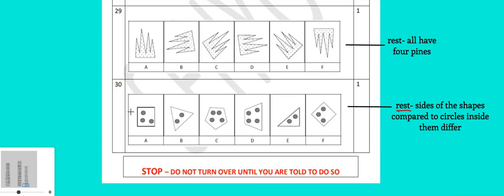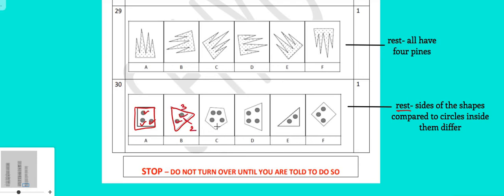Let us look at example A. Here we have a square, which has 4 sides, 1, 2, 3 and 4. But the circles inside the square are just 1, 2 and 3. Similarly for B, we have a triangle, which has 3 sides, but we have 2 circles inside it. So it is 3 and 2.